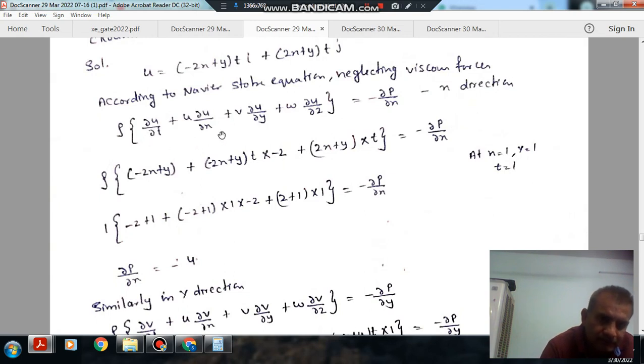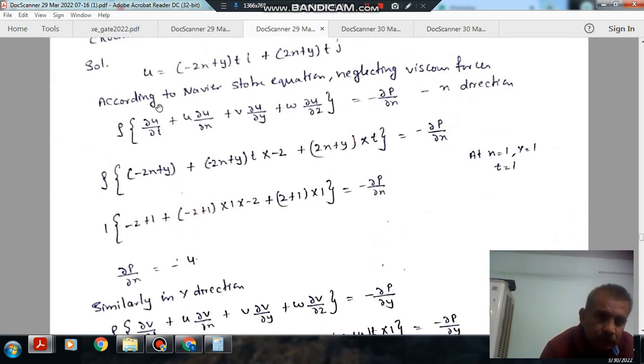This is the local acceleration, and this is the convective acceleration, equal to minus ∂p/∂x. If we neglect viscous forces, the Navier-Stokes equation becomes rho a = -∂p/∂x, because we are taking only the x direction.